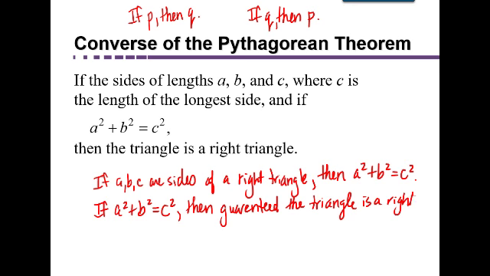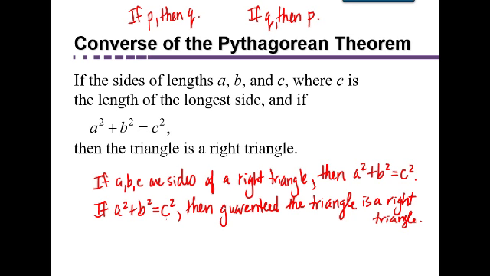Right, so you might not know the original triangle is a right triangle, but if you observe that the relationship between the lengths of the sides satisfies a squared plus b squared equals c squared, then you can conclude it's a right triangle. And in fact, you'll know that since c is the longest side opposite the right angle, you'll be able to identify which angle is the right angle.